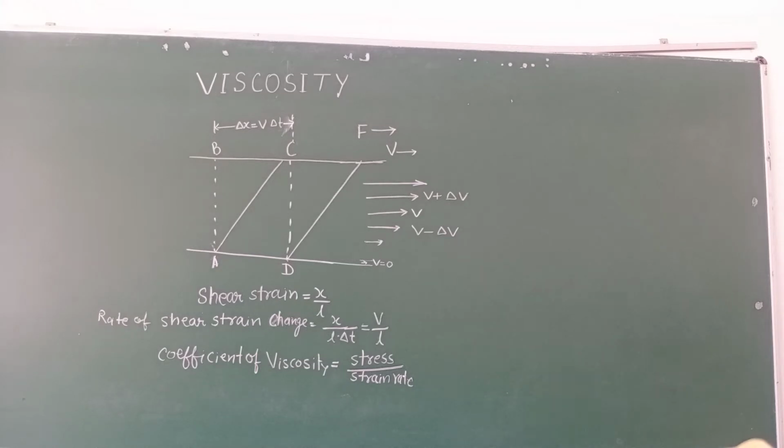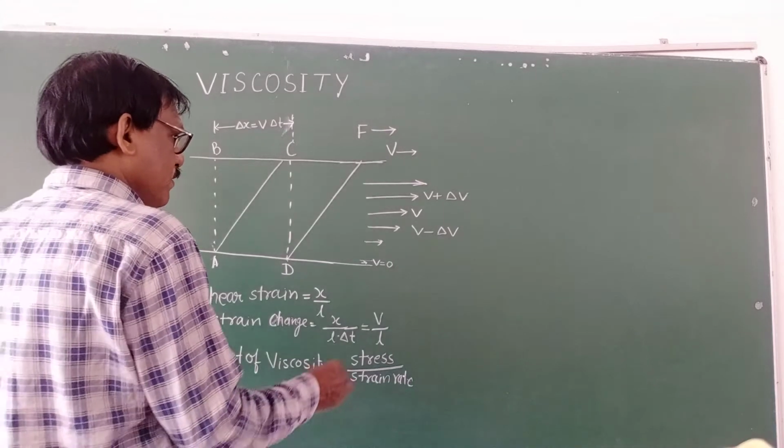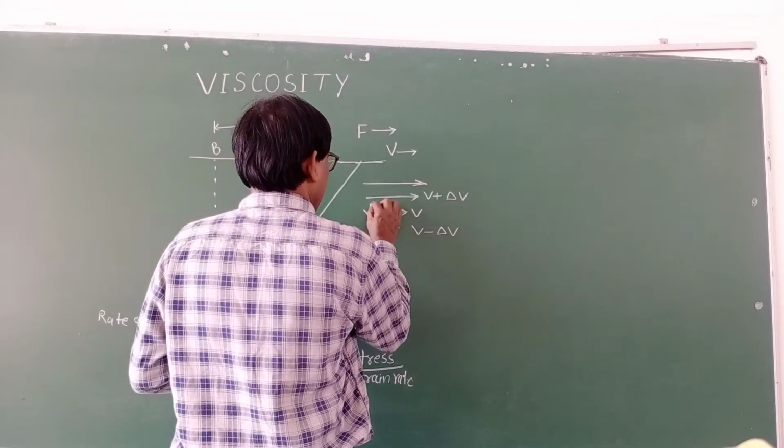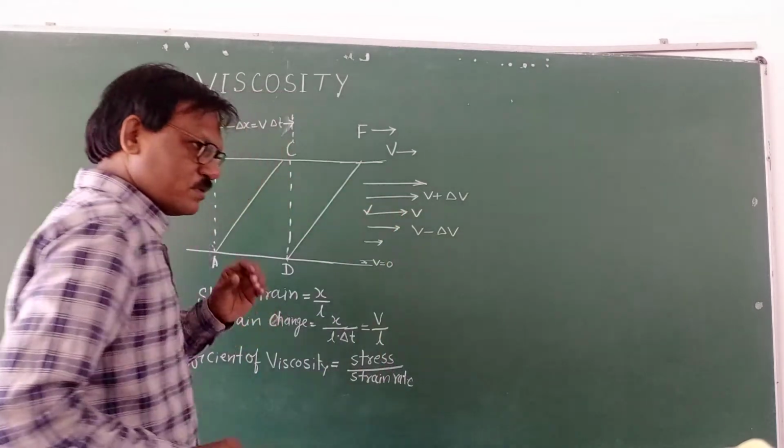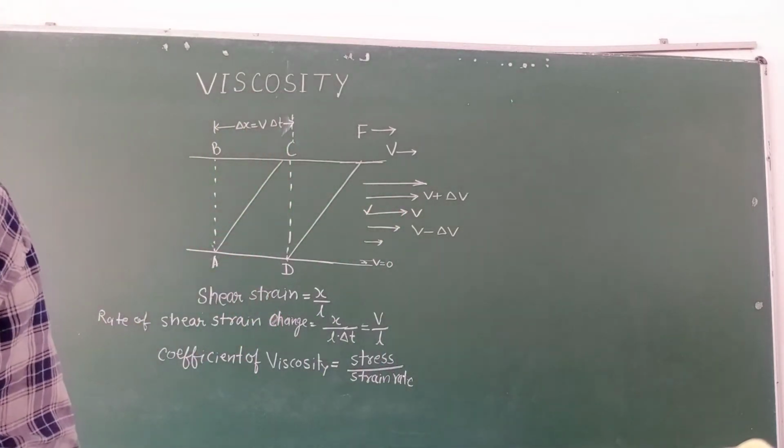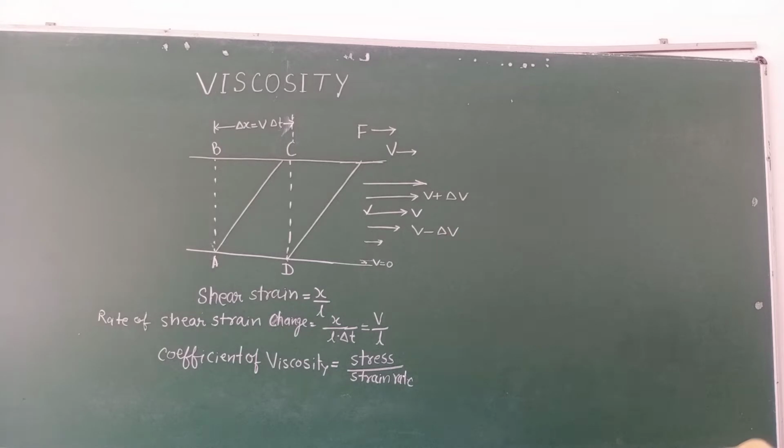So the lower layer will try to increase the speed of the middle one, and the upper layer will try to increase its velocity. So the layer in the middle will get the interaction from the two different layers, which ultimately creates the friction, and that is viscosity. The zero viscosity liquid is not possible.